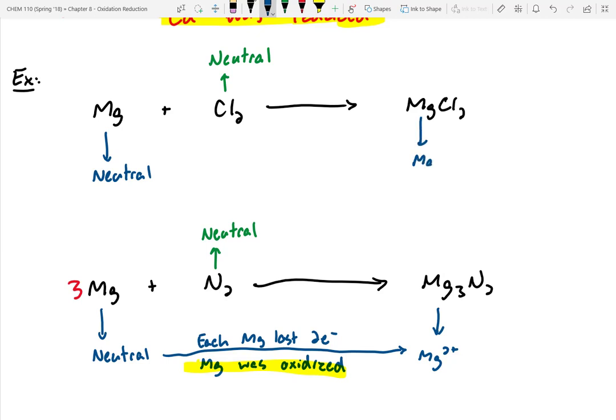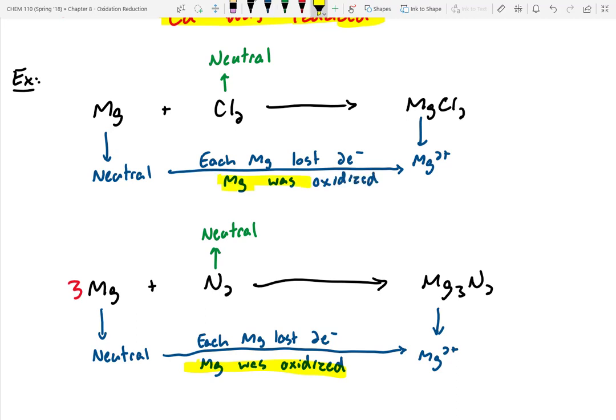We know we're going magnesium 2 plus. So in this upper reaction, each magnesium lost 2 electrons, meaning magnesium was oxidized. Like I said, you don't always want to rely on looking at oxygen because in these examples, magnesium was oxidized even without oxygen being present.